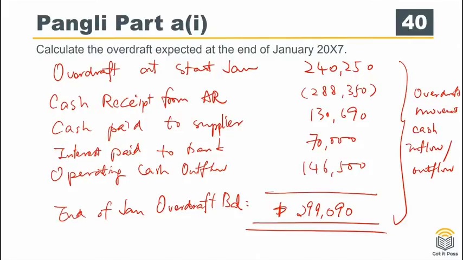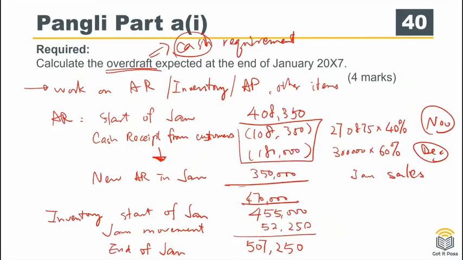I think it's quite challenging because you have to work on a lot of things to get this number. First of all, the requirement is asking you about the overdraft calculation. But if you don't work on the account receivable movement, if you don't know the inventory movement, or don't know how to work on the accounts payable balance, then you cannot get the overdraft balance by the end of January.